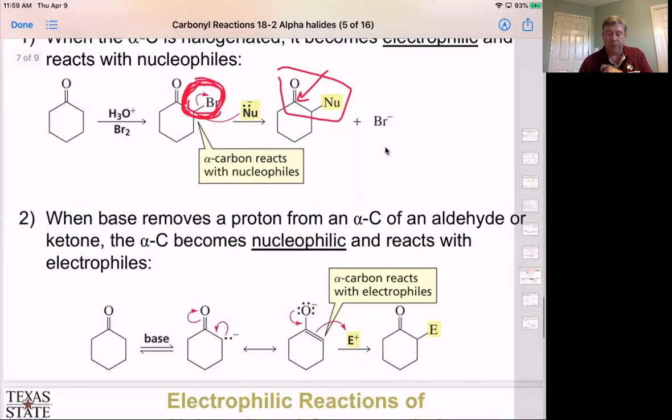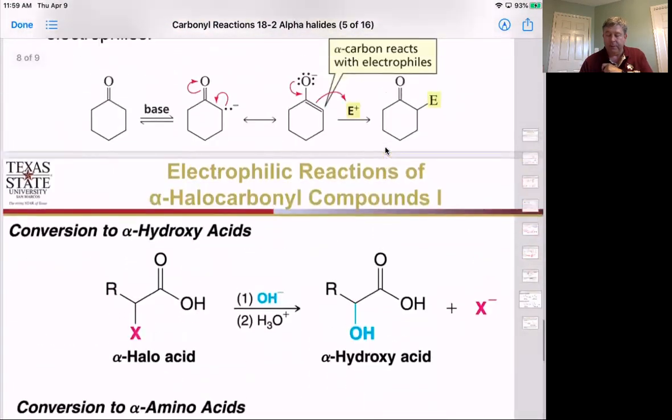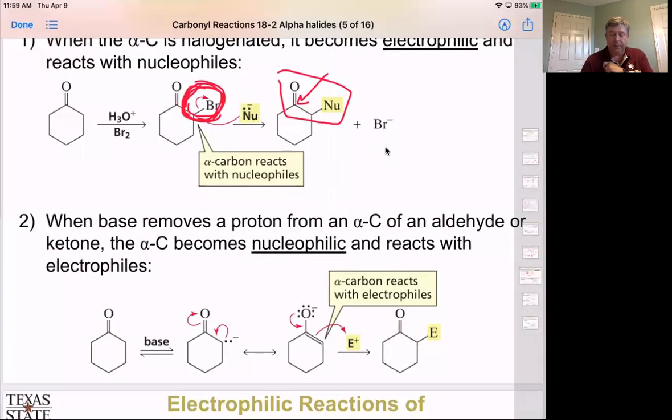So how can we use this to our advantage? Well, there's a couple different ways to do this. For example, our electrophile can be anything. We can, instead of doing it with our alpha halo compound here and reacting with nucleophiles, actually use our base to deprotonate it and create our enolate first. Once we create our enolate, it can then react with our electrophile.